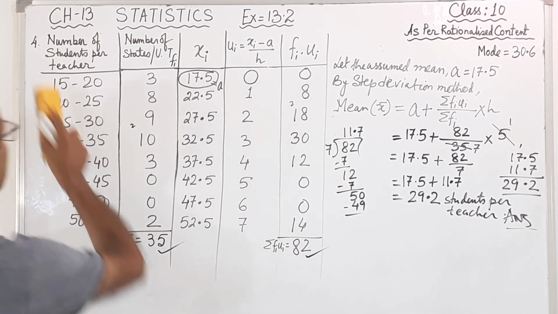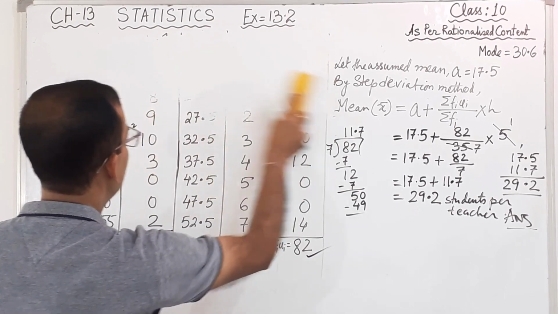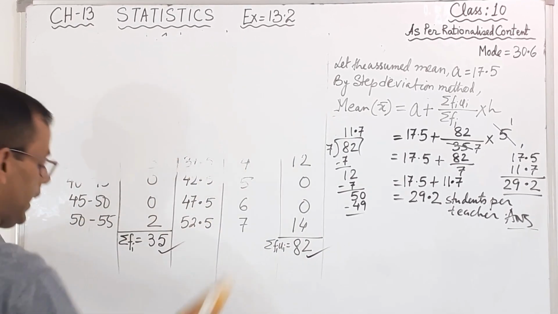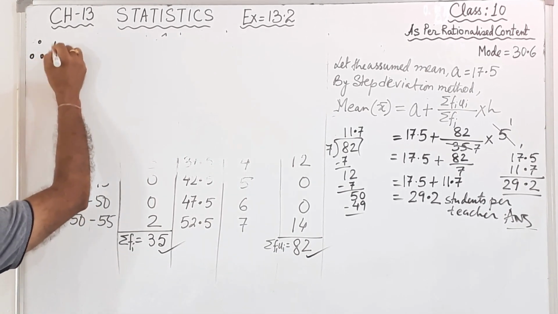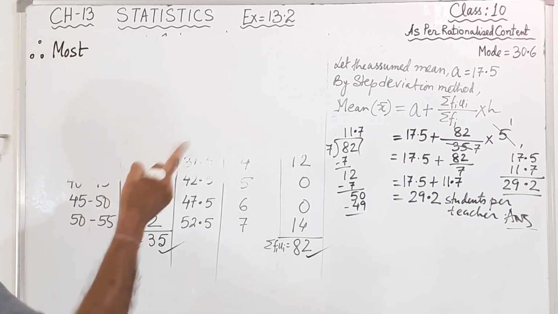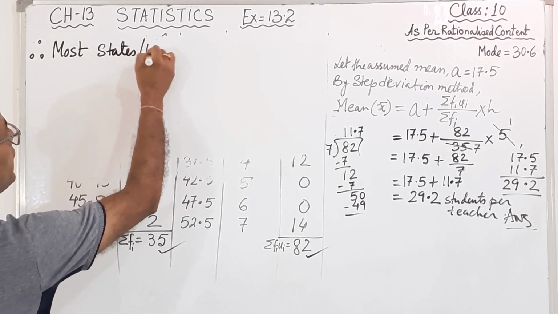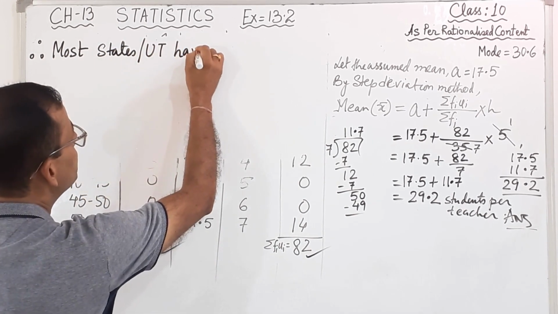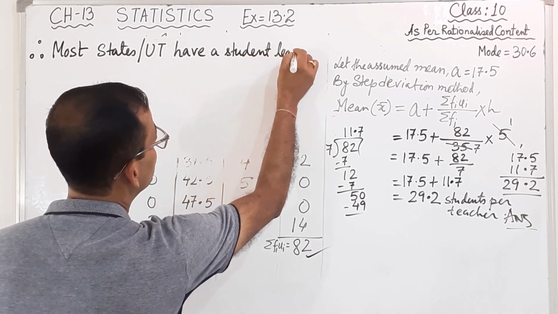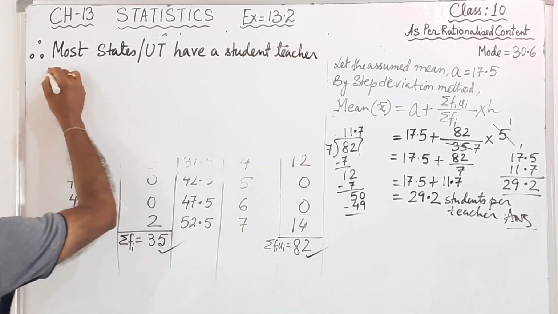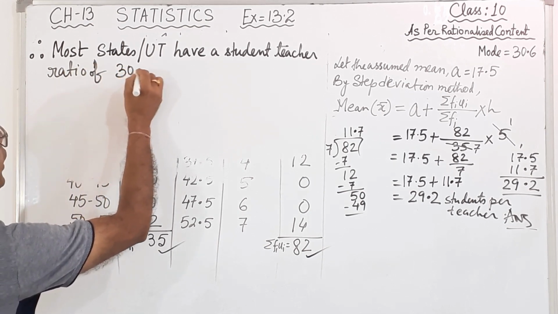So what we will interpret, let me rub this portion to write the interpret. So what we can write? We can write like this way. Therefore, most, okay, because mode is the maximum. So most states / union territories have a student teacher ratio of 30.6.